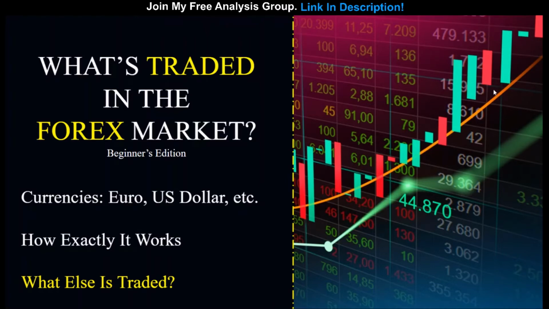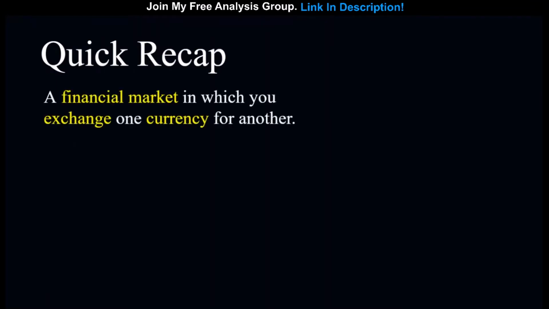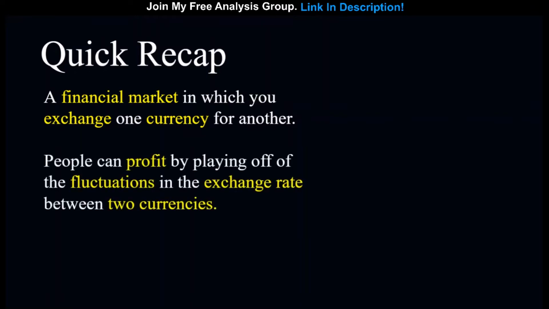exchange market. All right, but first I want to give you guys a quick little refresher on what we talked about in the previous lesson. So that was an overview of the foreign exchange market, which is a financial market in which you can exchange one currency for another. And traders or investors can actually profit by playing off of the fluctuations in the exchange rate between two currencies.